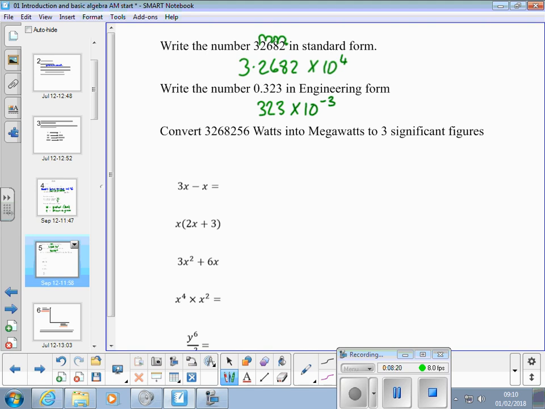Okay, and in science we'll look at how that's quite important, because if you're using, for instance, Ohm's law, you can't have your voltage in volts and your current in milliamps. You've got to have them both in the same multiple, and so writing it like that would help you get around that problem. And engineering form is 1 to 3 digits before the decimal place, and then the powers of 10 are always multiples of 3.